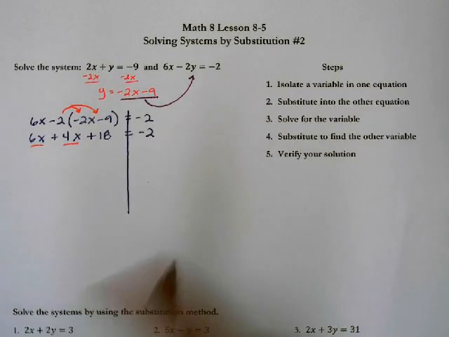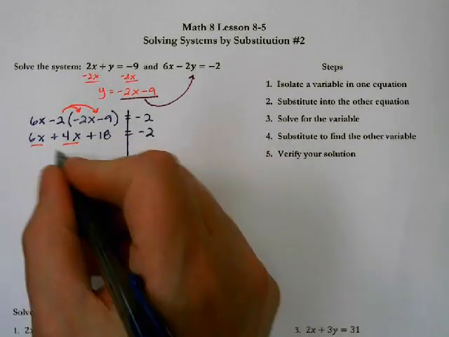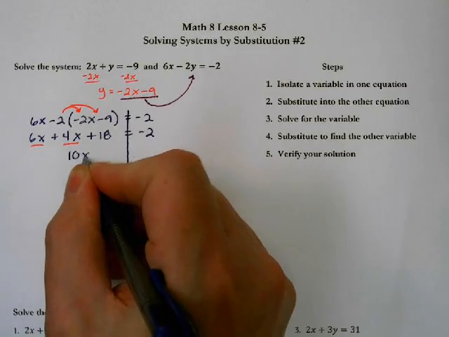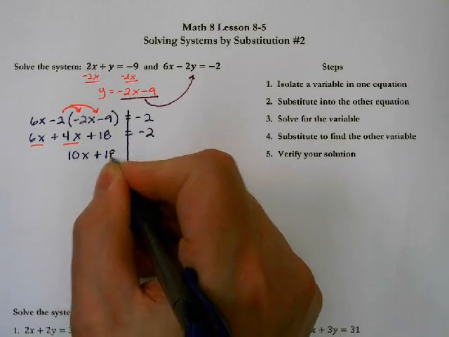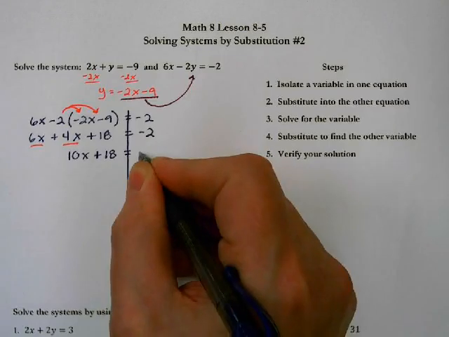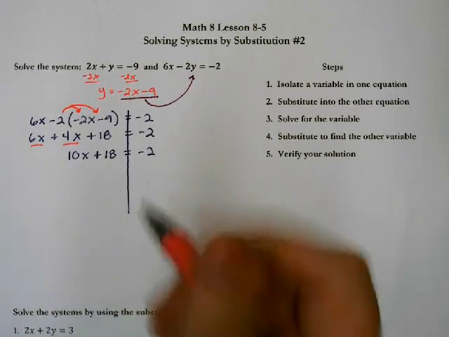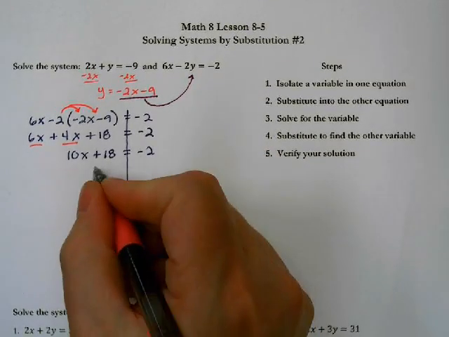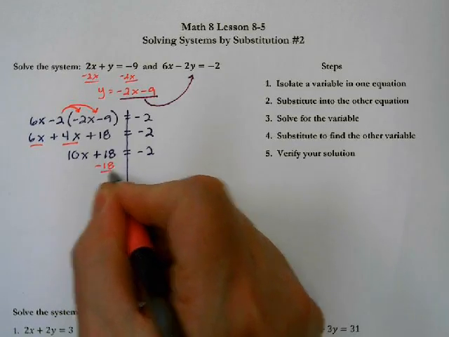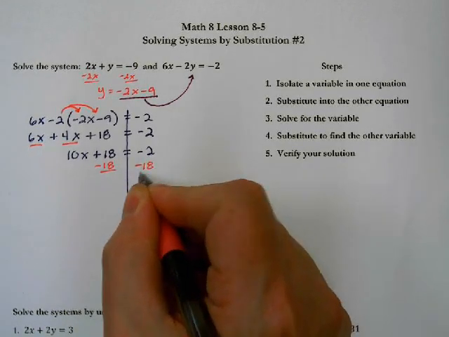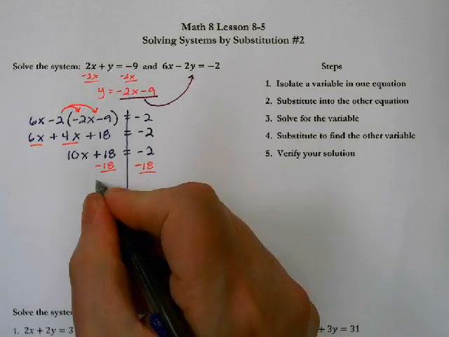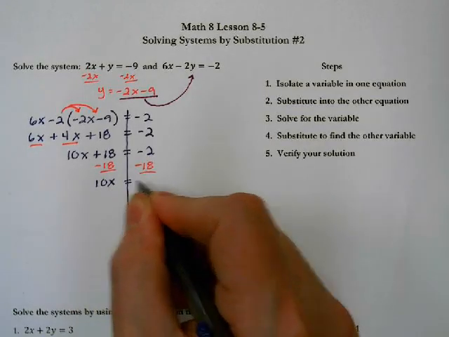All right, so 6x plus 4x, 10x. Next step, I'm going to subtract 18 from both sides. I get 10x equals negative 20.